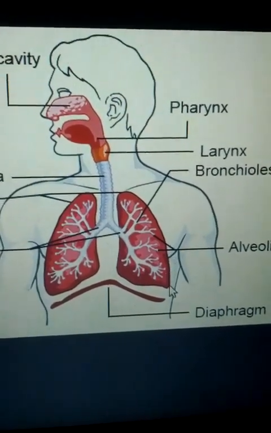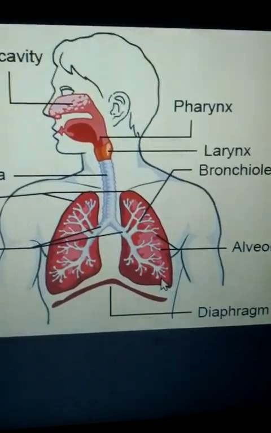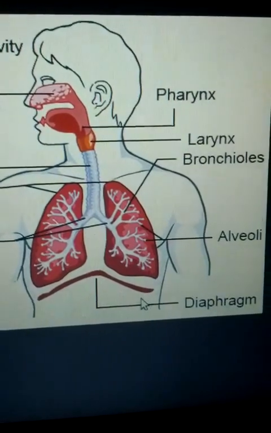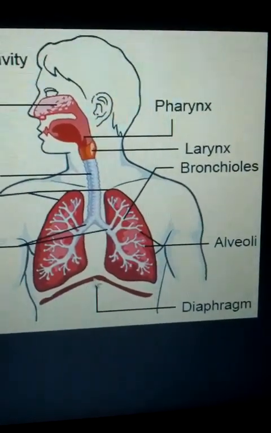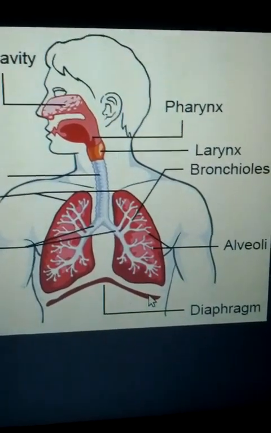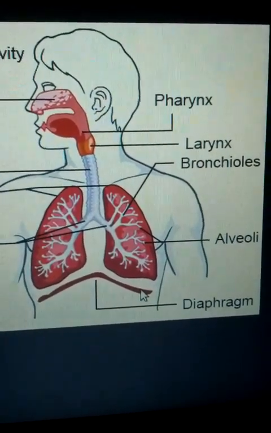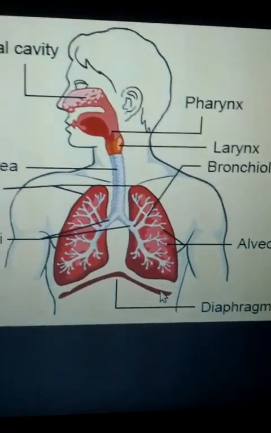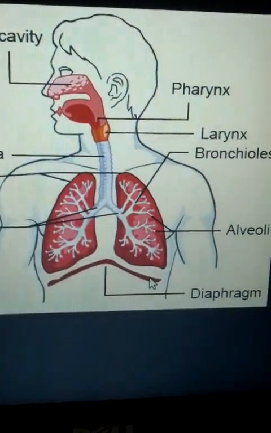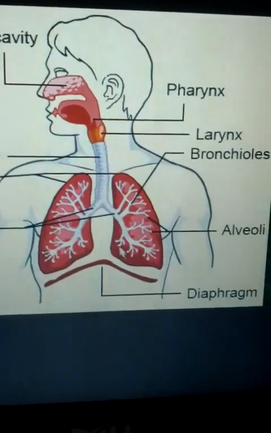And how can air enter? You can see a brown line here. This is the diaphragm. The diaphragm is a thick muscular membrane which separates the thoracic cavity and the abdominal cavity. This upper part is the thoracic cavity.